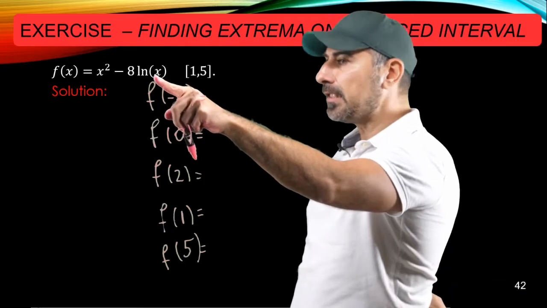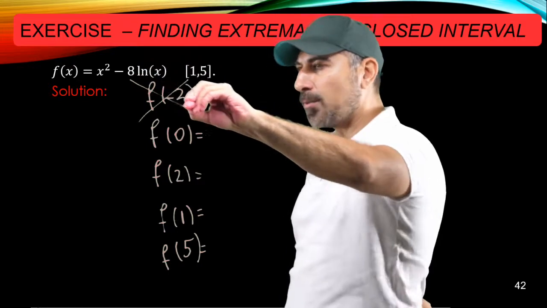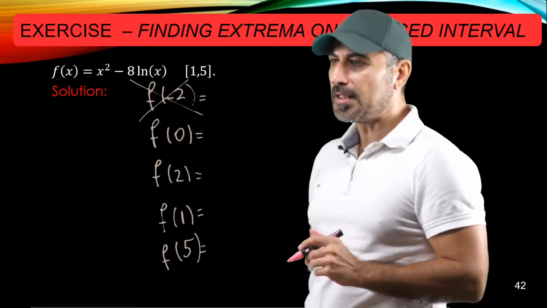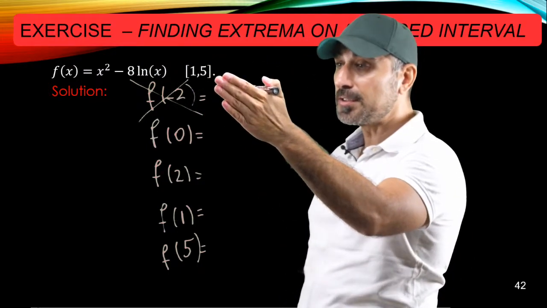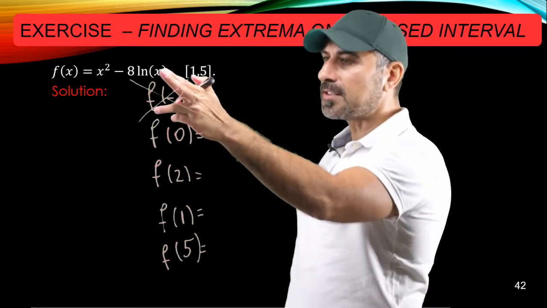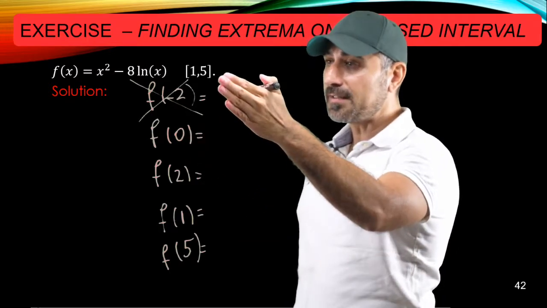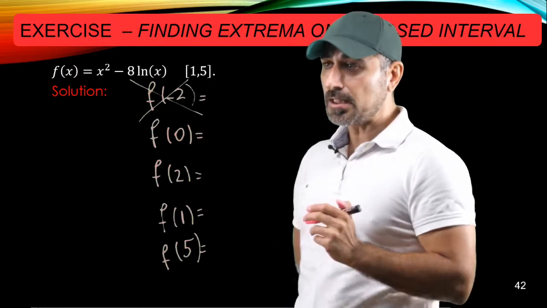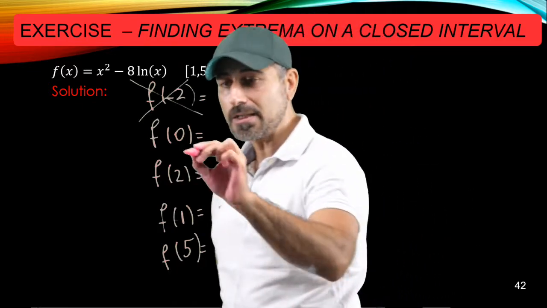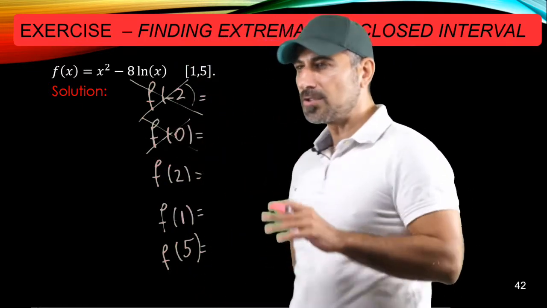As you see, ln of a negative number is not defined, so this is not the case anymore because minus 2 is not even in the domain. In fact, minus 2 is not even in this interval. And as well, 0 makes this function undefined, so 0 is not in the domain, and 0 is not even in the closed interval that I'm trying to find extrema on. So we discard these two function values immediately.